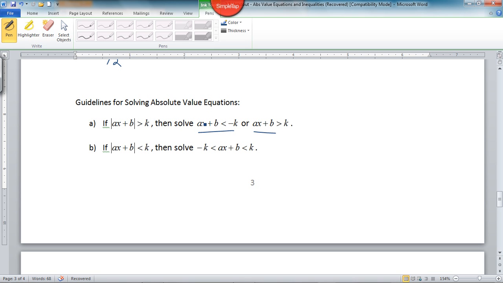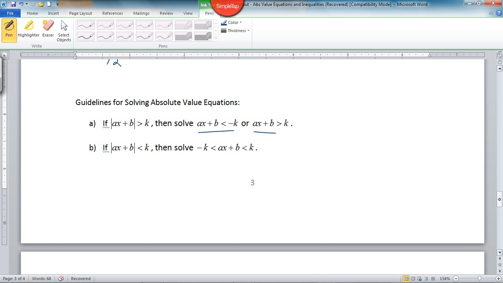So you set the expression in the absolute values less than negative k, but then you also do the expression in the absolute values greater than k. You do 2 inequalities for an absolute value greater than inequality. For an absolute value less than inequality, well, you do 1 inequality, but you do a 3-part. You do the expression, and then you do negative k on the left, and then just k on the right. All right?